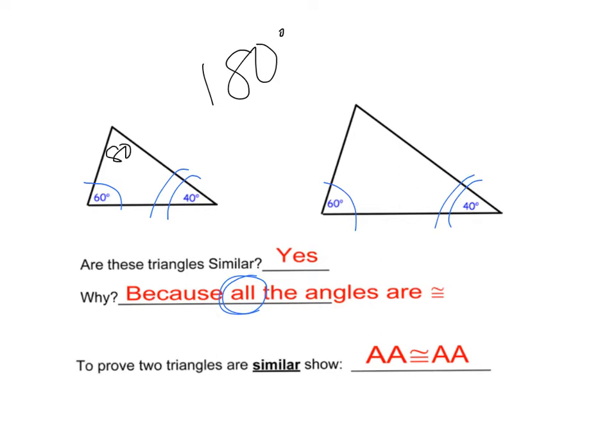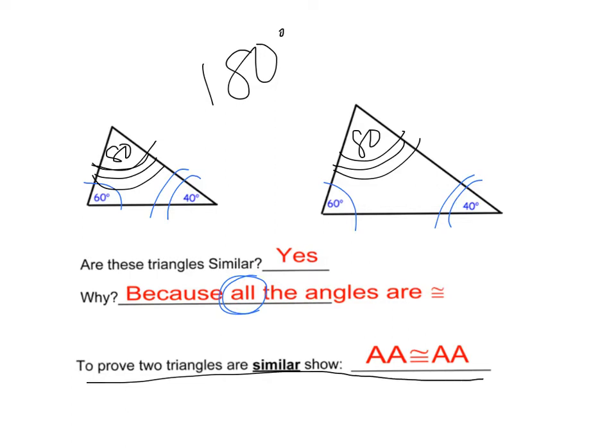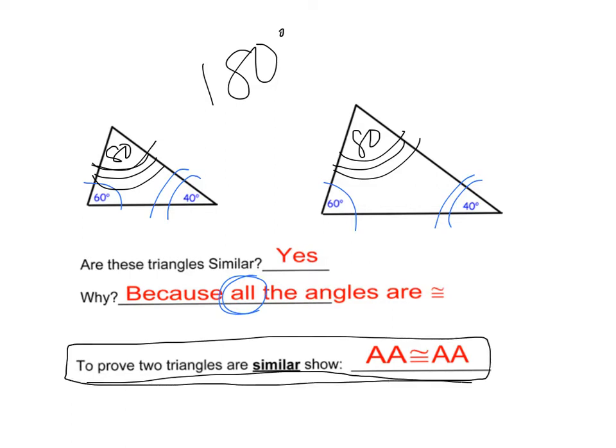And in this case, if two of the angles add up to 100, then this last angle must be 80 as well. So I would do 3 swooshes there, 3 swooshes there, and you'll realize that to prove two triangles similar, you technically only need to show that 2 angles are congruent, because if 2 angles are congruent, that implies that the third angle is congruent.